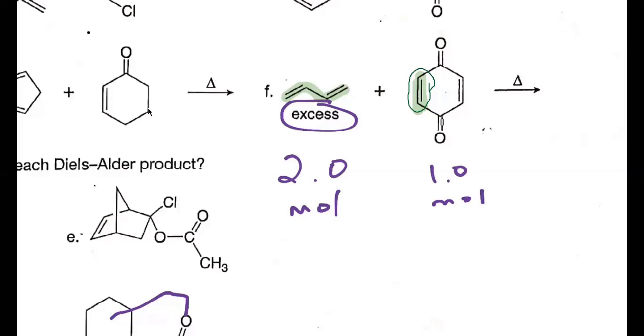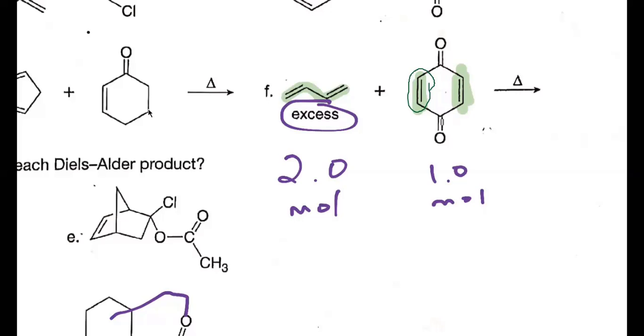All right. So what does that mean? Can the reaction happen twice? It can. That's exactly right. Because you also have another double bond on this side, right? And so if the diene is in excess and you have multiple dienophiles, then that reaction is going to happen twice.